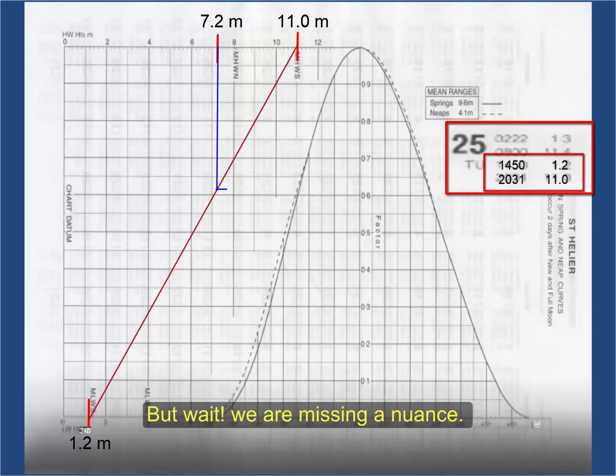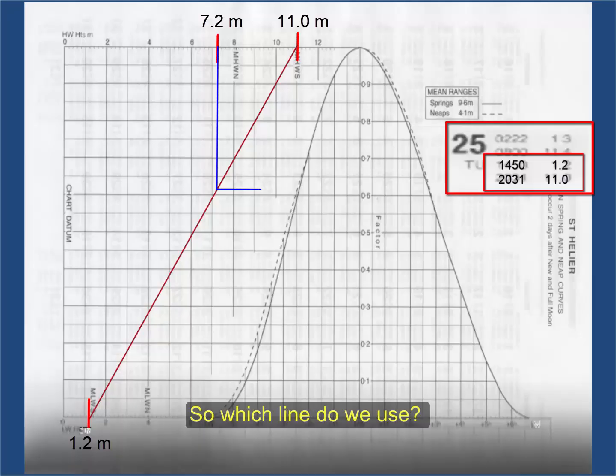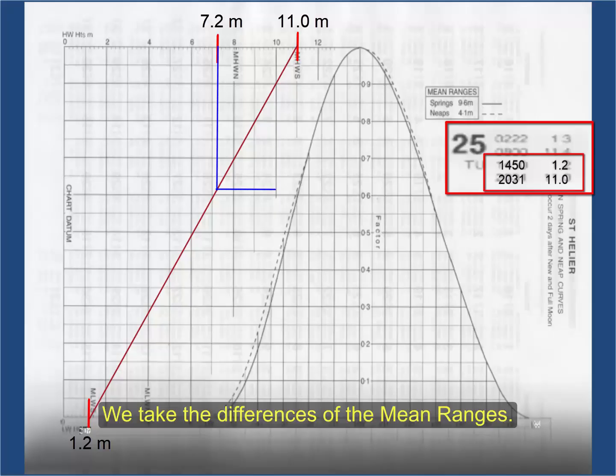But wait, we are missing a nuance. As you can see, we have two lines, spring tide, continuous line, and neap tide, dashed line, with values next to them. So which line do we use? It's very simple to find out. We take the differences of the mean ranges.